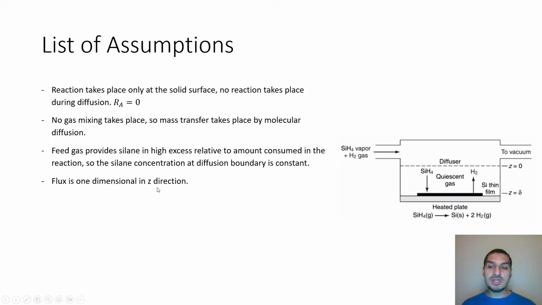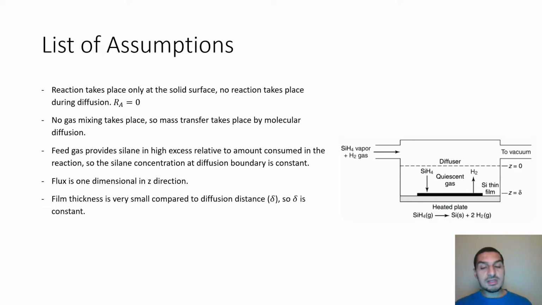If you say that the flux is one-dimensional in the z direction, then you will cancel the y and x components of the equation. And if it's not right, then you have the first step not right, and everything dependent on it is not going to be right either. So that's why we have to make sure that this assumption is put correctly.